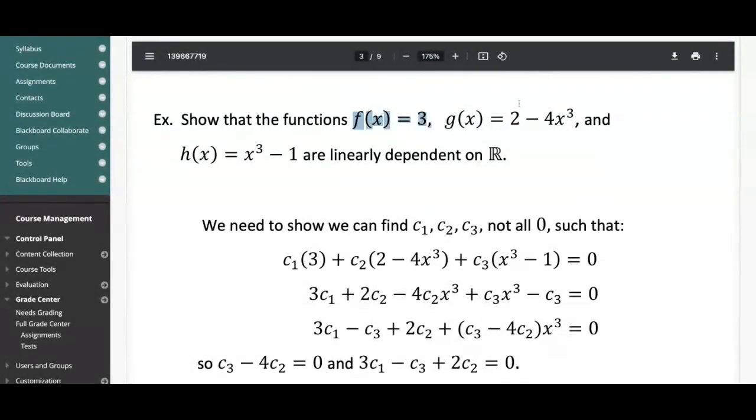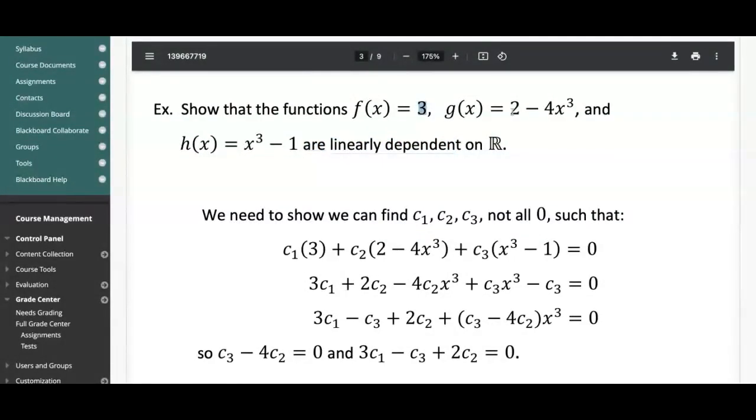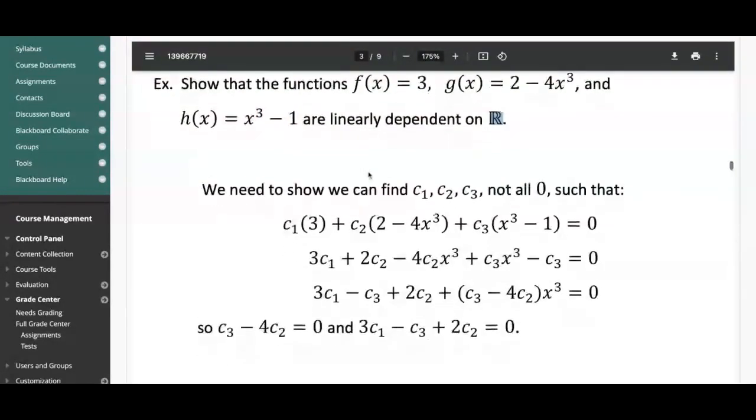We have a constant function, a cubic function, and another cubic function, and we want to show they are linearly dependent on all real numbers. The domain is all real numbers.